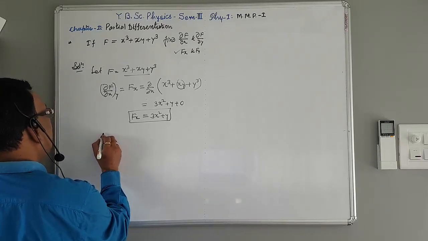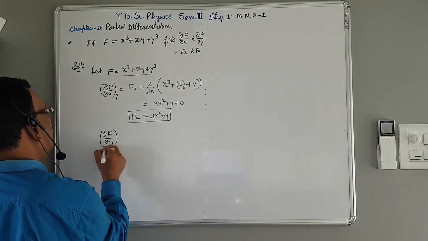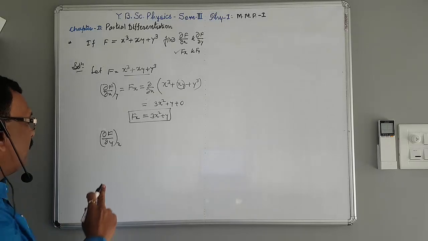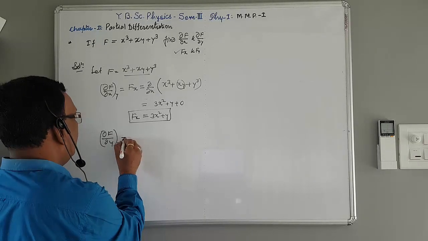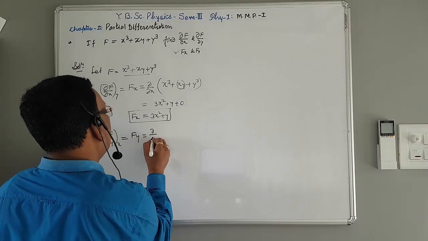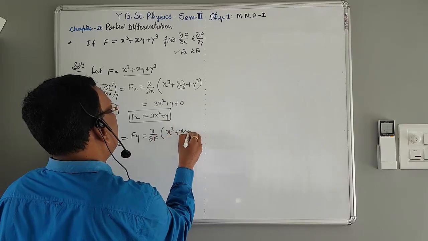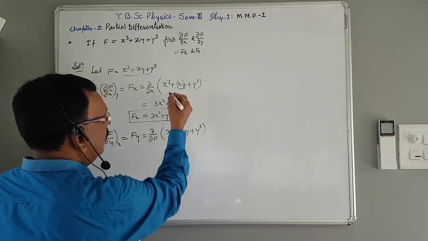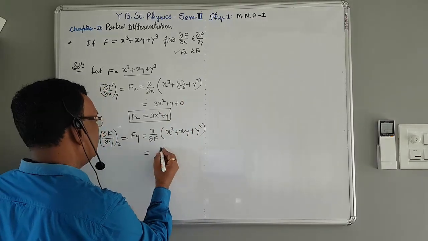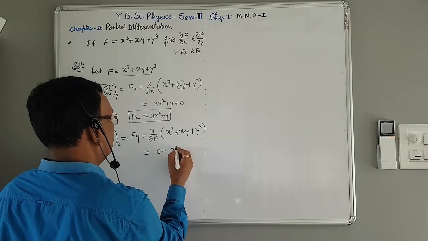Now, in a similar way, we have ∂f/∂y keeping x constant. That means here we take the differentiation of the function with respect to y keeping x constant, and this is represented by fy, so ∂/∂y of (x³ + xy + y³). The derivative of x³ is 0, plus here x.